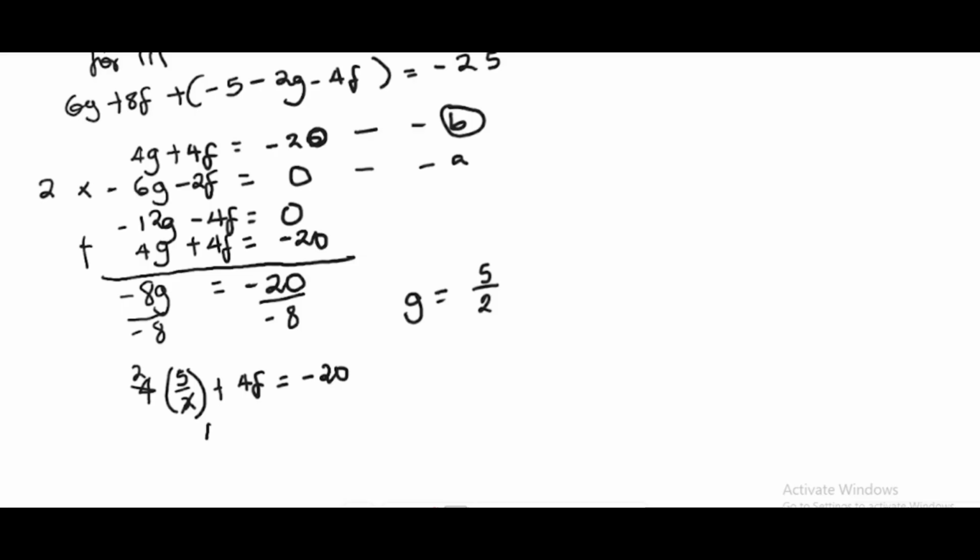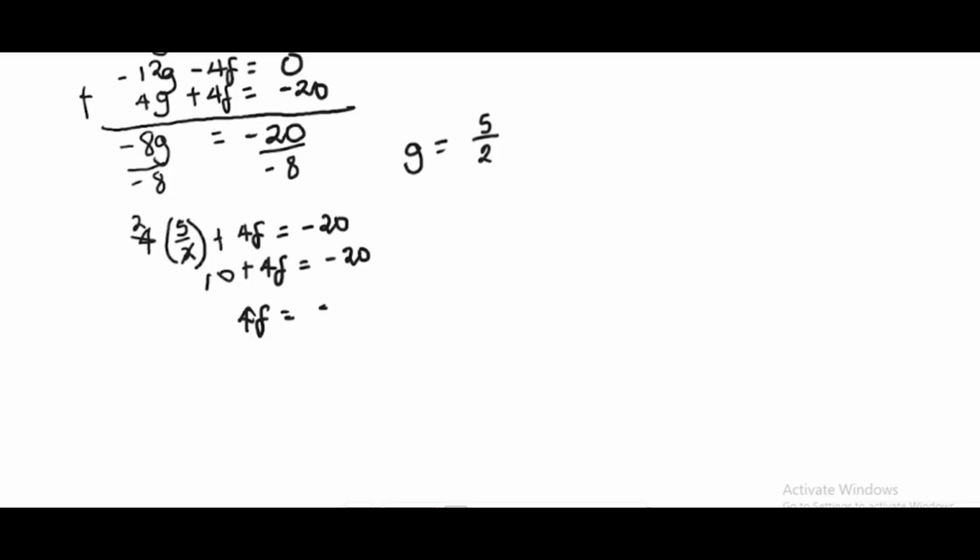Minus 20. So if we are collecting like terms, taking 10 to the other side, 4f is equal to minus 30. So we divide both sides by 4, and that will give us minus 15/2. Okay, so the thing that we are left with is what? Is our C.